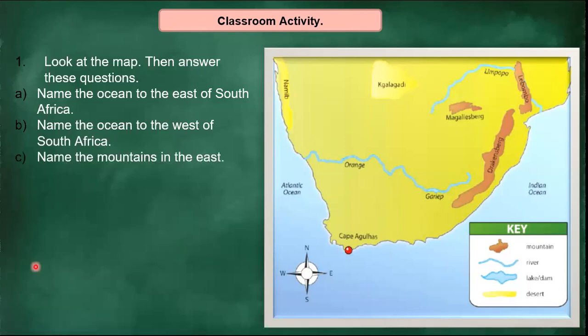Name the mountains in the east of South Africa. You name the mountains that are in the east by looking at the map. Minenhle? The mountains in the east.